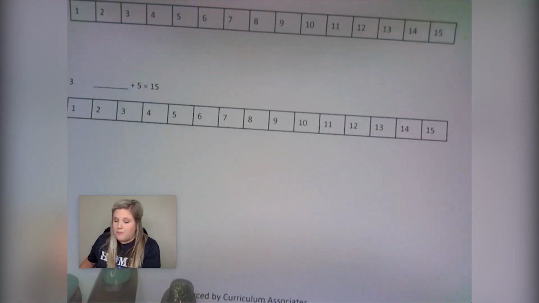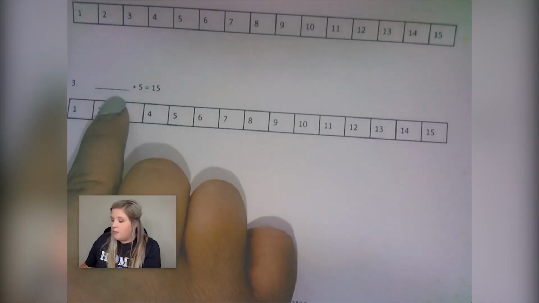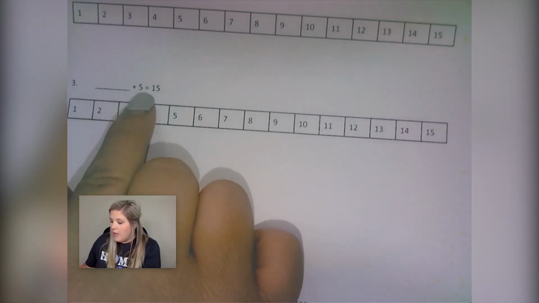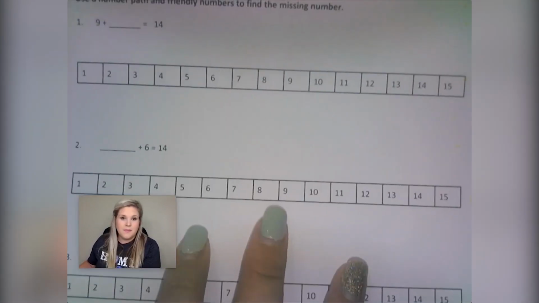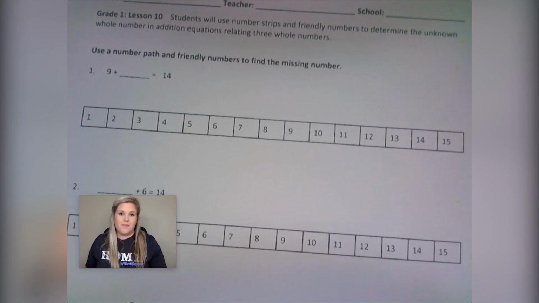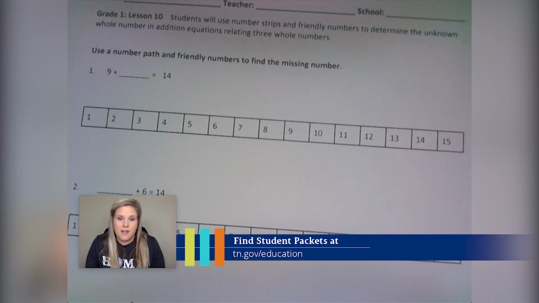And then our last problem, some number plus 5 equals 15. I have no doubt that you are going to rock out on those problems.